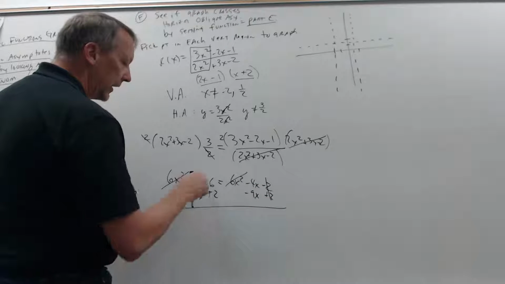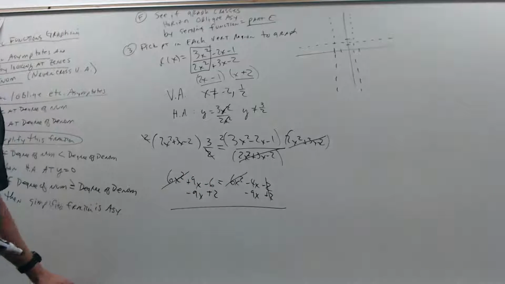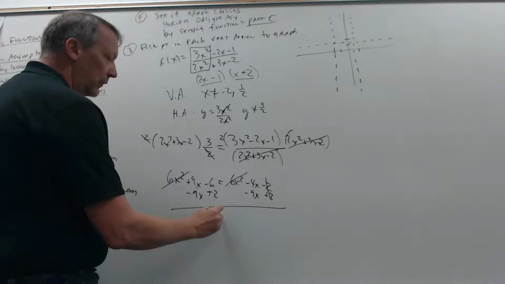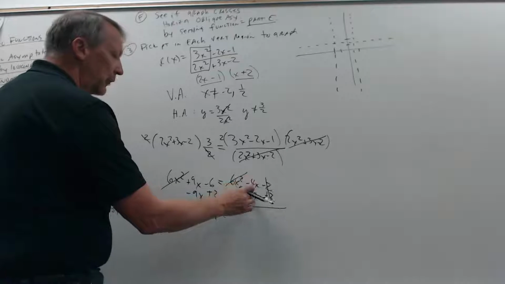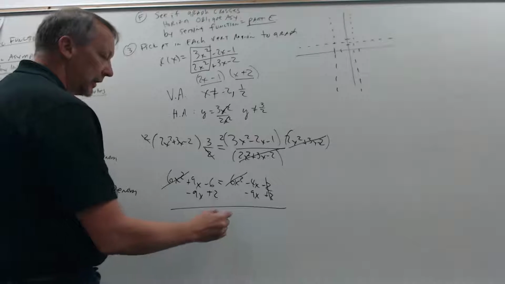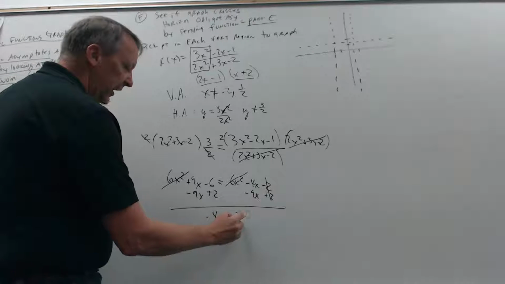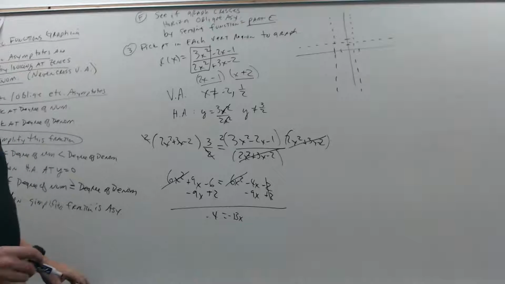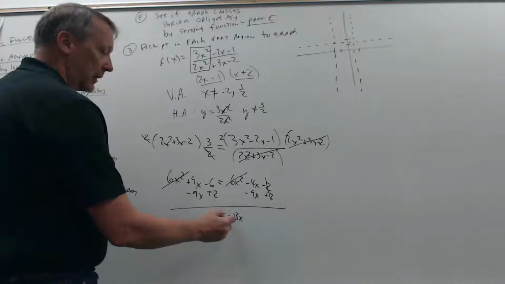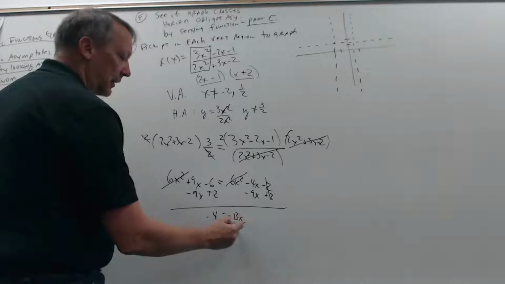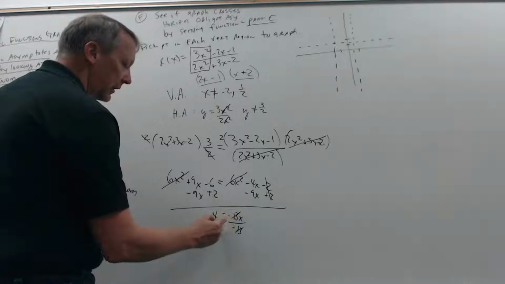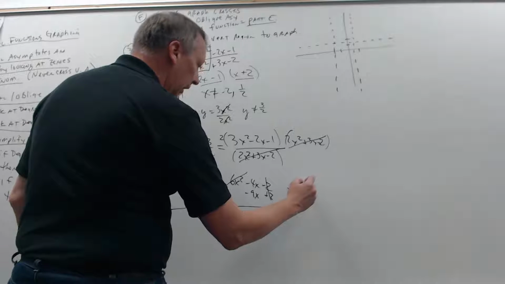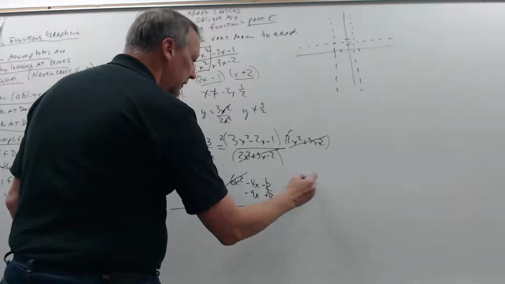So I've got negative 6 plus 2, that'll be negative 4. Negative 4 equals negative 4 minus 9, negative 13x. And then divided by 13. So x equals negative 4/13.